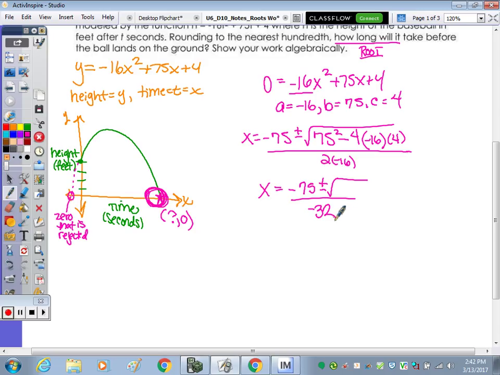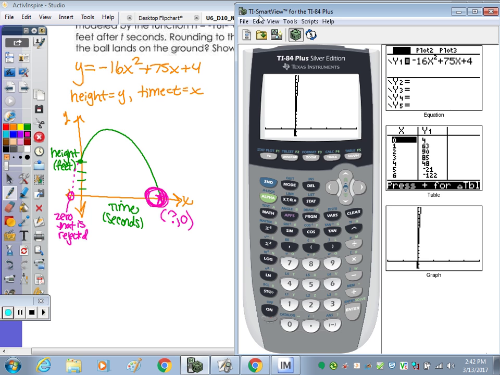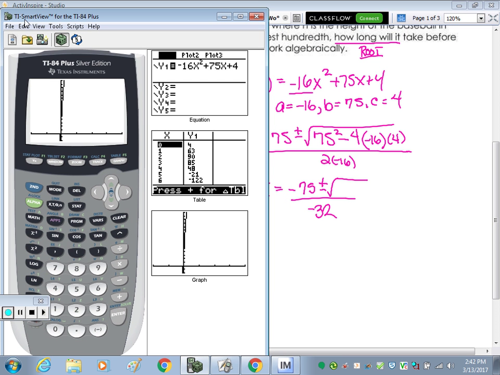What's the number that you get under the symbol? Oops, we're missing a parenthesis.